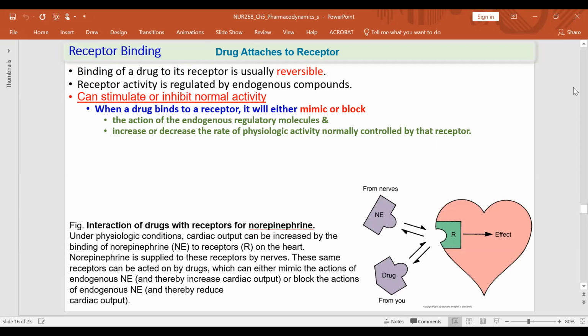The term receptor is generally reserved for the body's own receptors that bind endogenous molecules like hormones, neurotransmitters, growth factors, and other molecules. And most drug receptors are proteins.